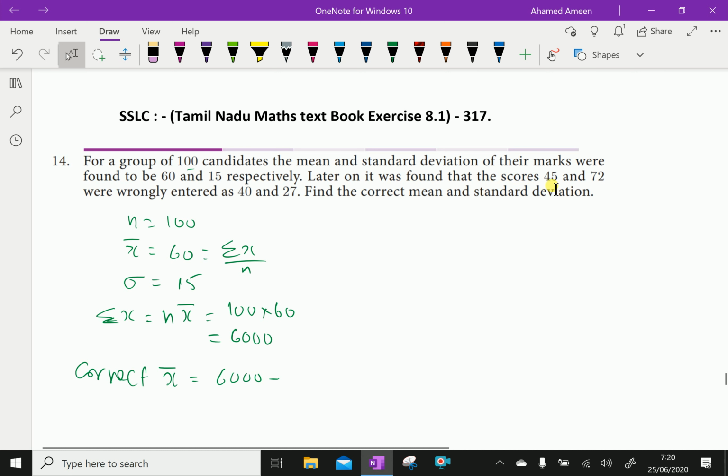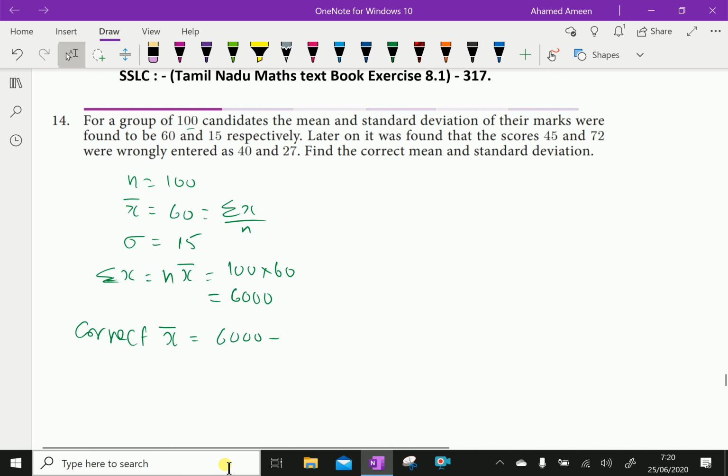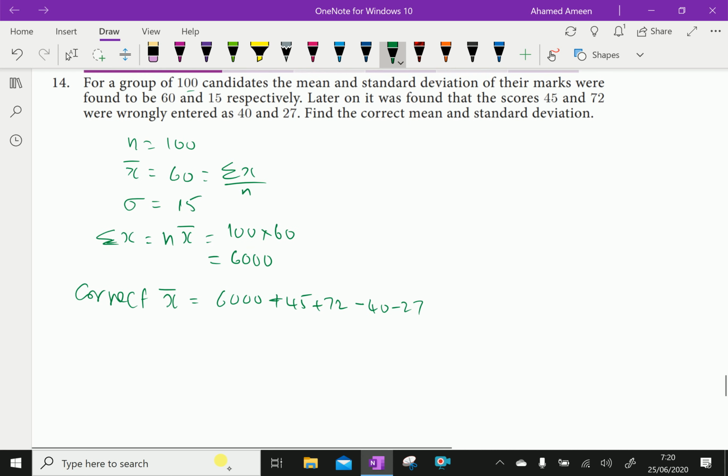That means we have to add 45 and 72 to 6000 and subtract 40 and 27. Means the correct ones are 45 and 72, and the wrong ones you have to subtract, 40 and 27.